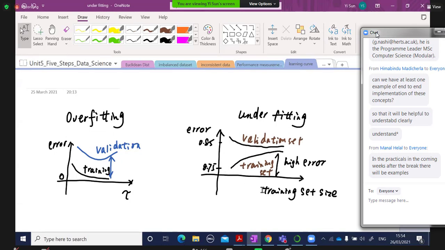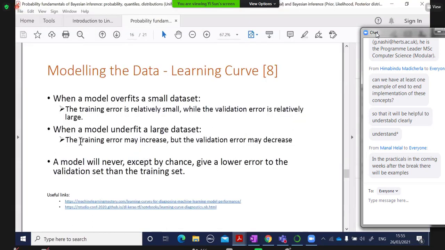As you can see, even on the training side, the error is very high. When the training set size increases, as we add more data points to a large data set, the error actually increases, and even at the beginning the error is very high. The validation side, although it seems to decrease, is still very high. If you have a learning curve like this, the model is underfitting.